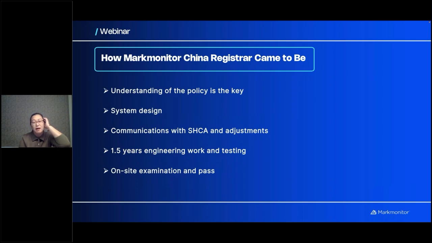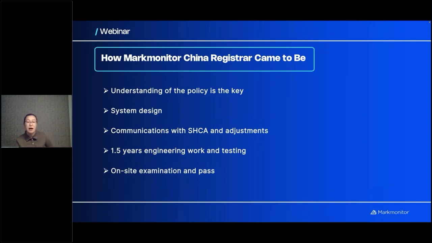MIIT doesn't make policies out of nothing. There must be something that happened, and then they ask the registrars to do something, like real name verification, like keeping the data and the records and everything. And sometimes we also need to share business data with MIIT. All the regulations, all the requirements, came for a reason.